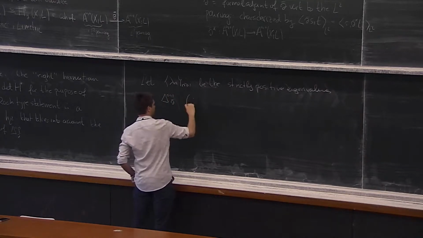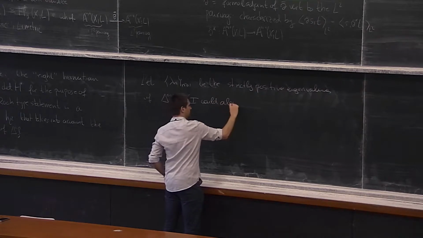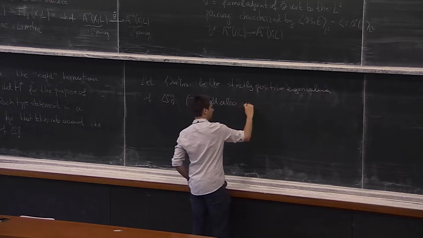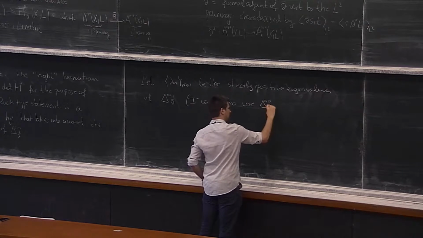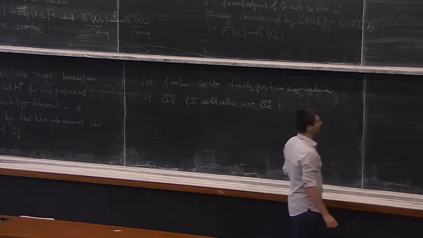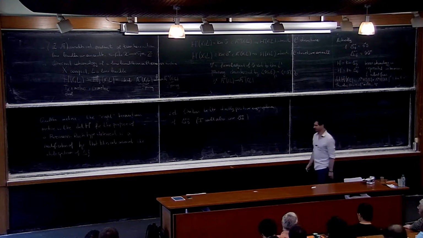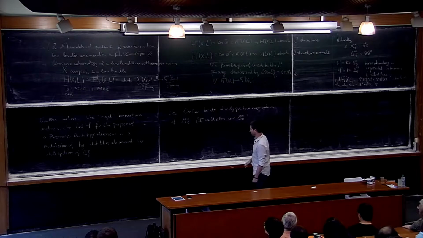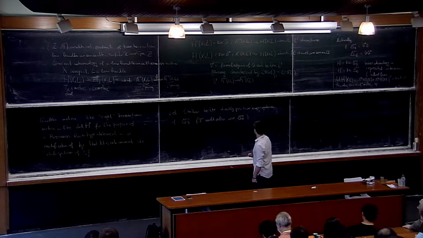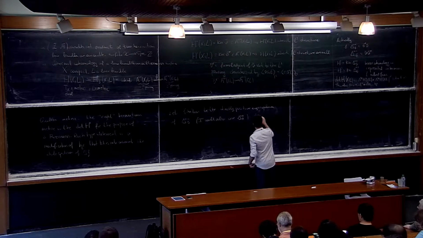As I said, because we are in dimension 1, I could also use delta 0,0, which, for instance, if your line bundle is trivial, is maybe easier to use because it's a Laplacian on functions. So this is an easier object than the Laplacian on 0,1 forms. And so we consider these strictly positive eigenvalues. And here I'm implicitly using that this is a discrete set.